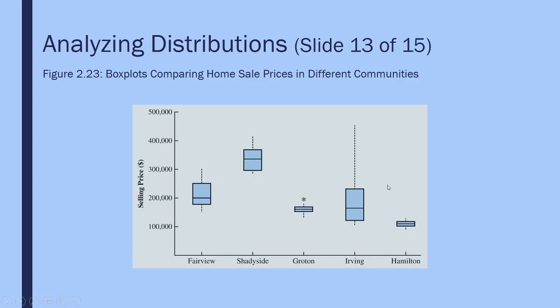Home selling prices have the least variation in Groton and Hamilton. Groton here is the only location with an outlier, but note that most homes sell for very similar prices in Groton. So the selling price does not have to be too far from the median to be considered an outlier.